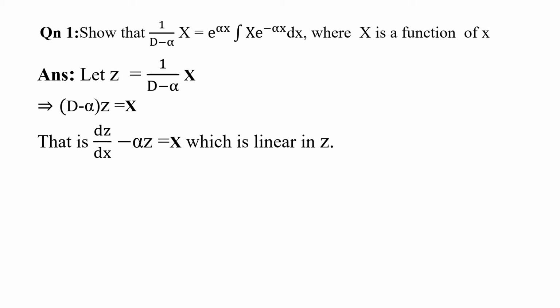To solve the linear differential equation, first we find the integrating factor. Integrating factor equals e to the power integral of minus alpha dx. Minus alpha is obtained from the coefficient of z. So e to the power integral of minus alpha dx is e^(minus alpha x).